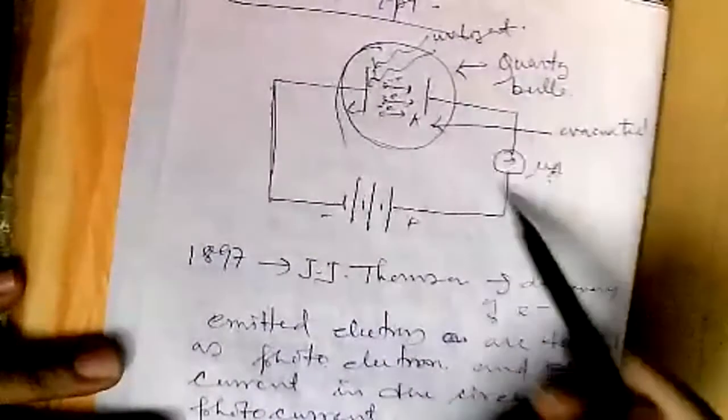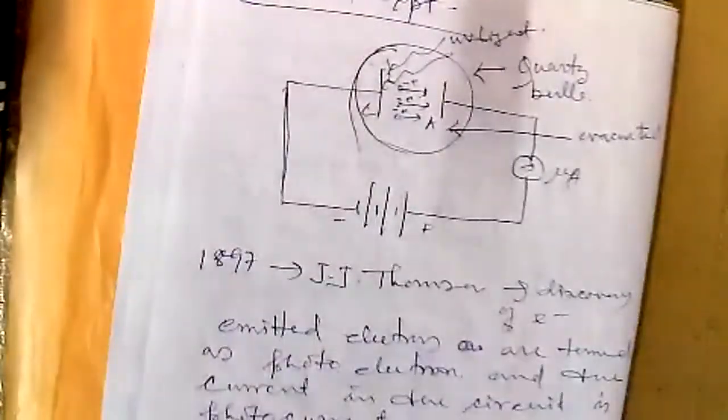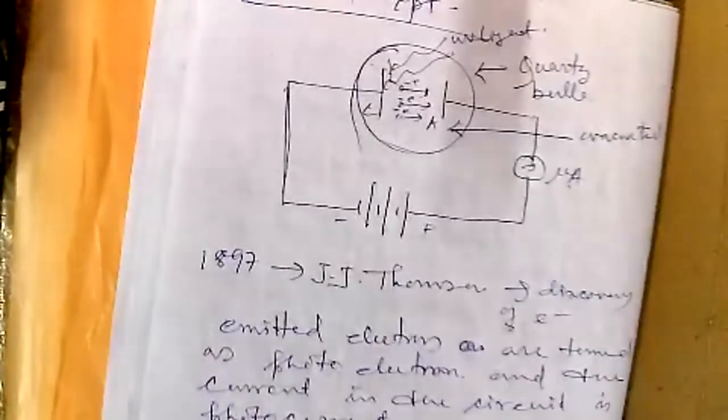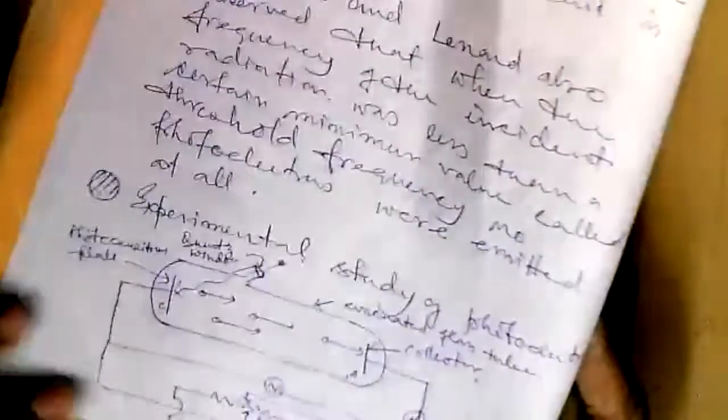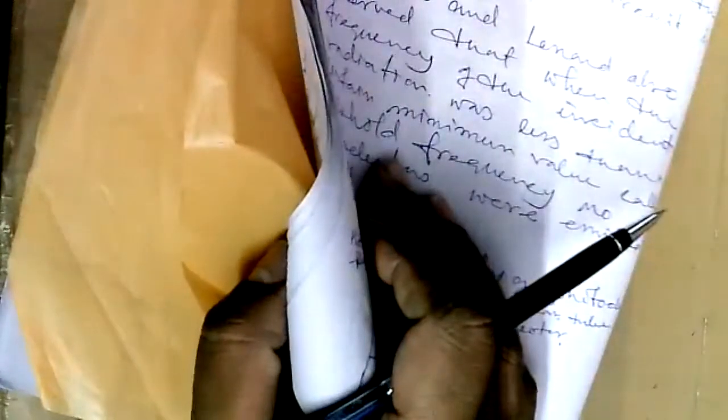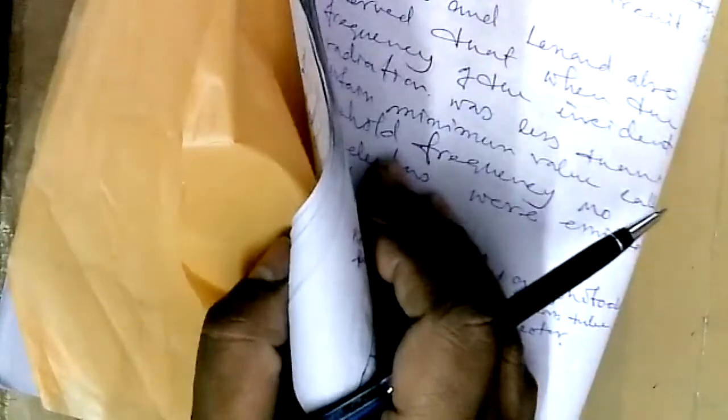Lenard's experiment also shows that whenever UV light hits this cathode, some current will register in the circuit, which supports the photoelectric effect. Then there is an experimental study carried out by Lenard and Millikan.